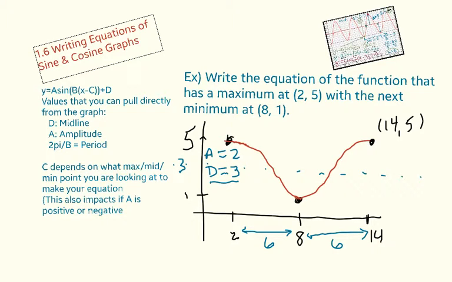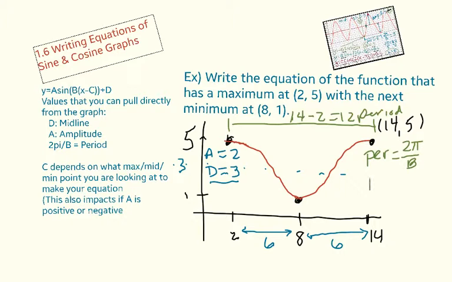The next thing we said we had to talk about was the period. I'm looking at the distance between these 2 points. It goes from 2 to 14, so 14 minus 2 is 12, and that's my period. We did say earlier that if we know the period, then we can figure out the b value. We know that period equals 2 pi over b.